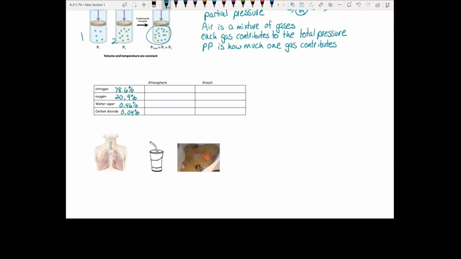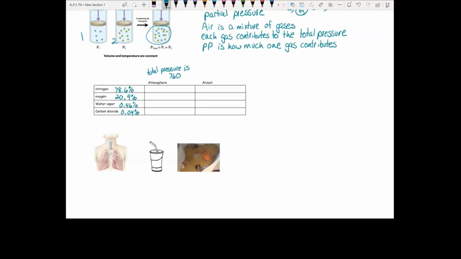If we take those percentages and make them into partial pressure, so we know that total pressure is 760. So then we just want to know the partial pressure of each. Well, all you do is multiply.